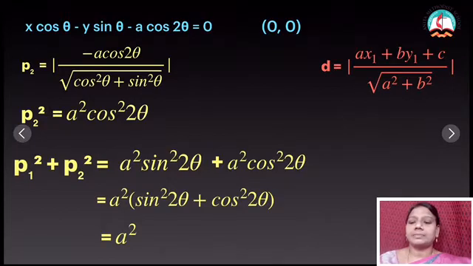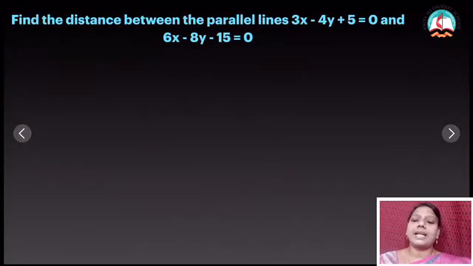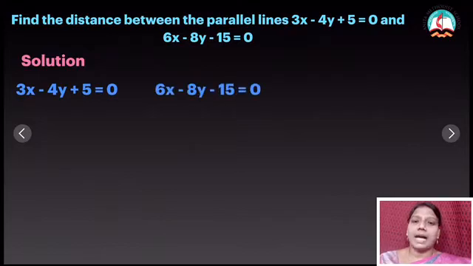Okay. Now the next one is find the distance between the parallel lines. So it is given that find the distance between parallel lines. So parallel lines means we know the formula, right? So here the two equations are given. Since it is parallel, parallel means what I said earlier, my x coefficient and y coefficient should be the same.